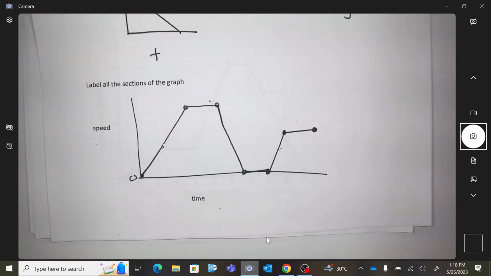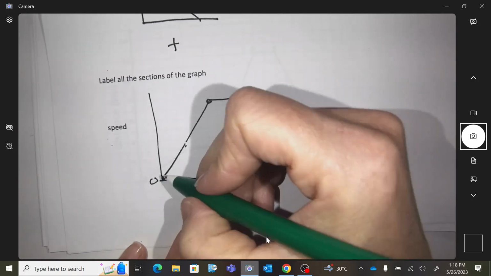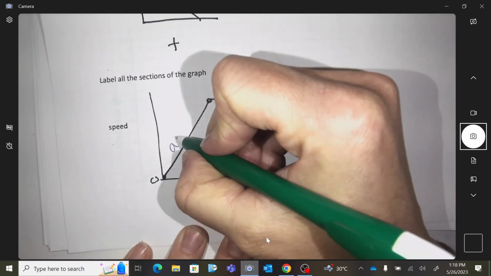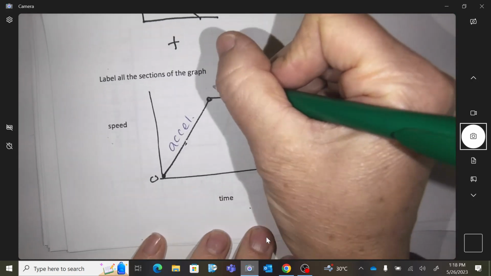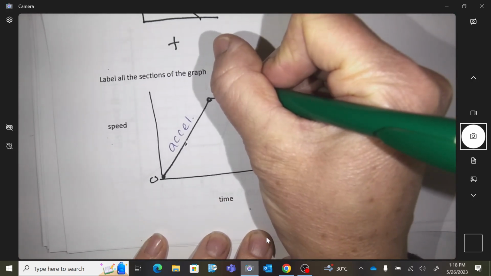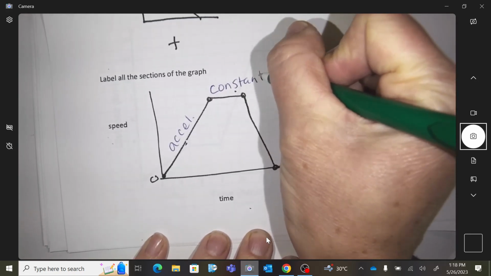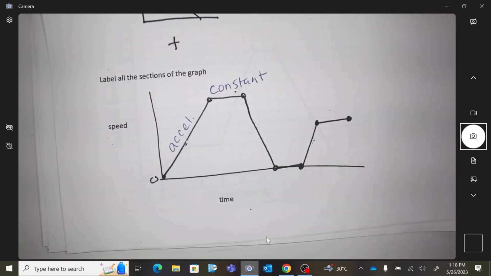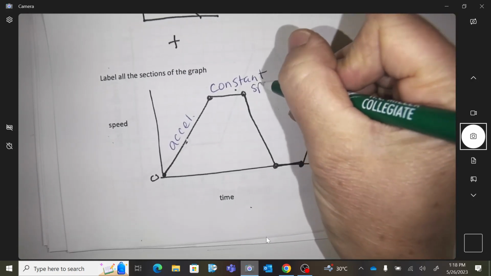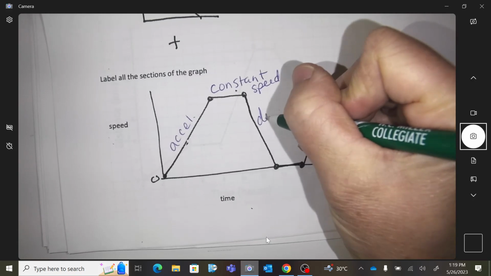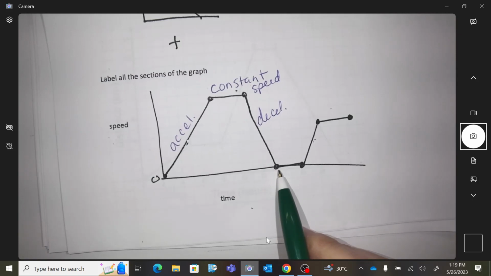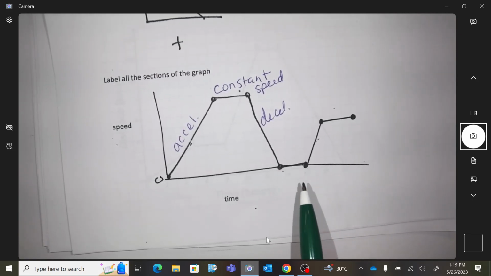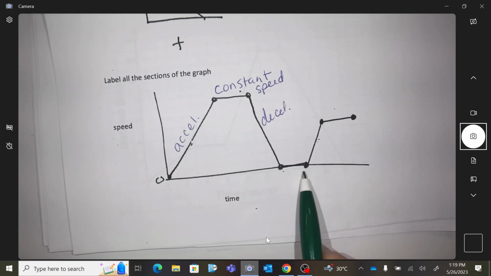Okay, so what's going on in this graph? The speed is accelerating. They accelerated. Then they reached a constant speed, aka like cruise control in a car, right? Then they decelerated. What specifically is the next portion of this graph?